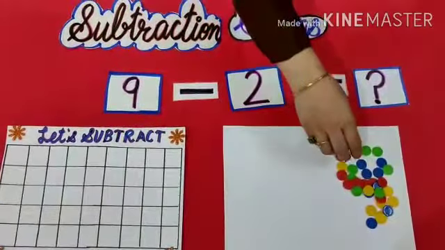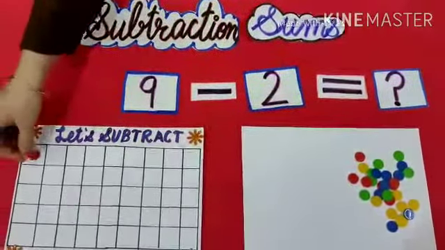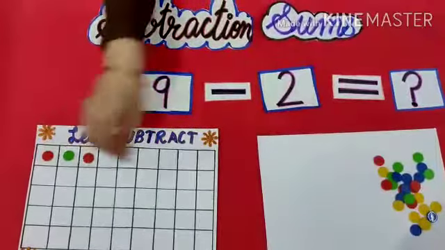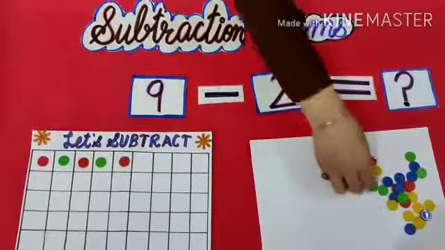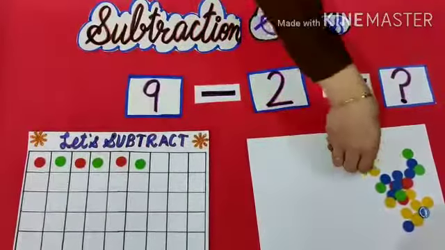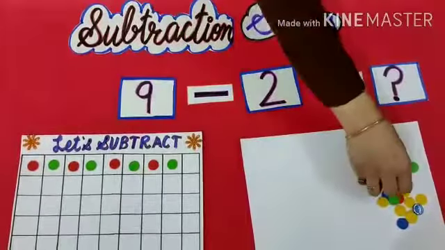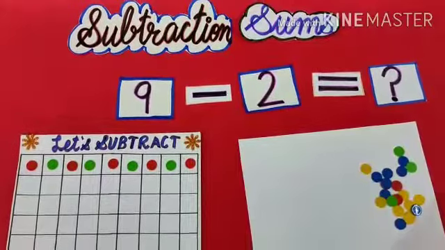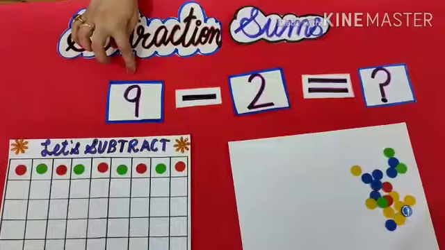Now I am going to place 9 counters here. 1, 2, 3, 4, 5, 6, 7, 8, 9. And how many do we have to take out from 9?